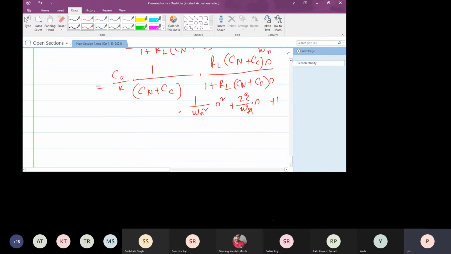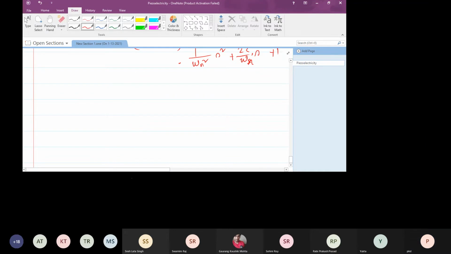So if this response is plotted, then it gives like this, because it's a second order transfer function and it has a resonance frequency, so it will peak at a certain omega n, and then it will drop.